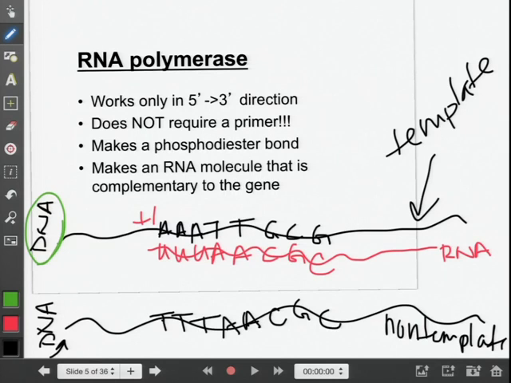So we say the RNA looks just like the non-template, except it's ribonucleotides instead of deoxyribonucleotides. Okay? We dig it? We like that? It's your favorite thing ever? It's my favorite thing ever.